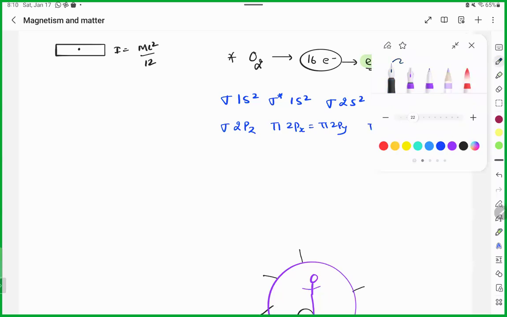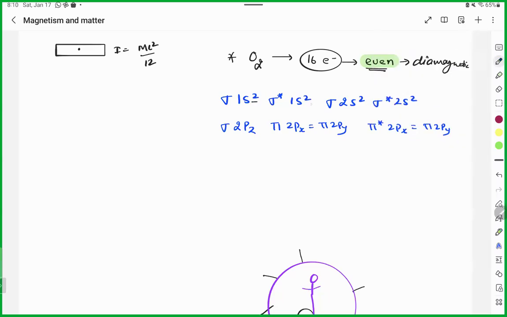Let's see how to fill the electrons. Maximum electrons: 2, 2, 2, 2, 8, 2, 10, 2, 12, 14. Is it paramagnetic or diamagnetic? Paramagnetic, sir.